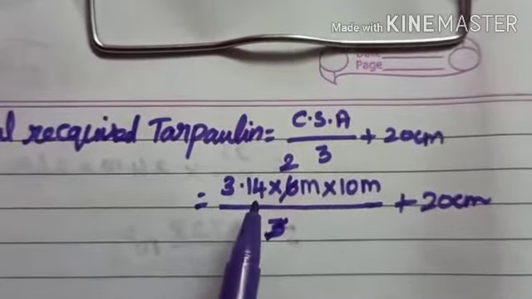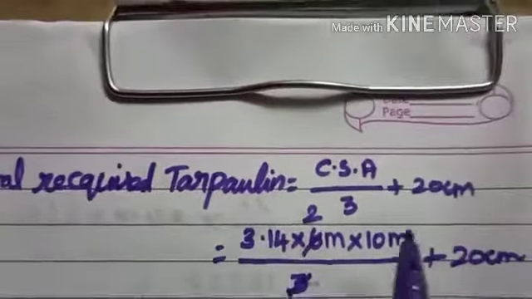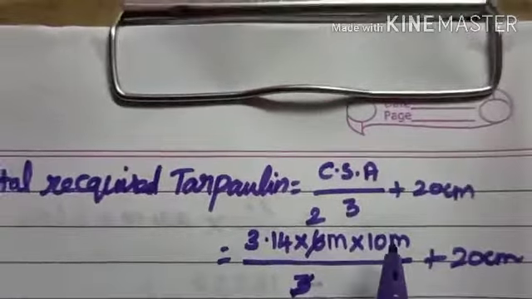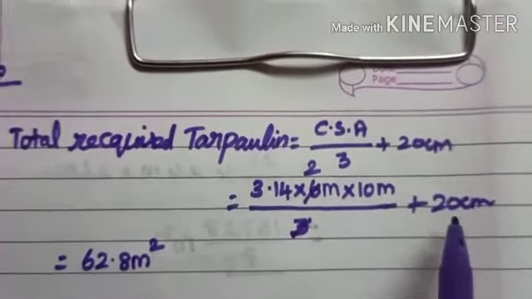So 6.28 into 10 gives 62.8 square meter.